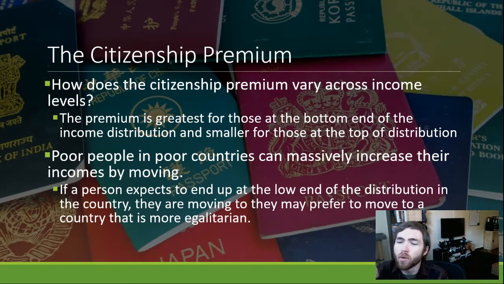This implies that poor people in poor countries can massively increase their income simply by moving. And if that person expects to end up at the low end of the income distribution in the country they're moving to, they may prefer to move to a country that is more egalitarian, that is more equal. So basically, there's this huge incentive created by the citizenship income premium for poor people in poor countries to move to richer countries.